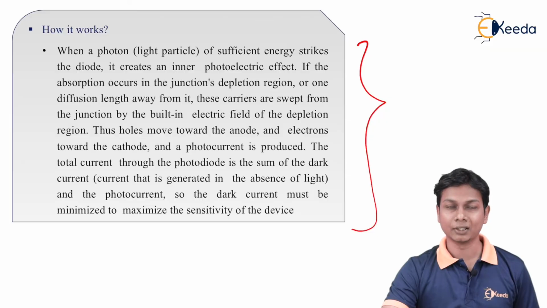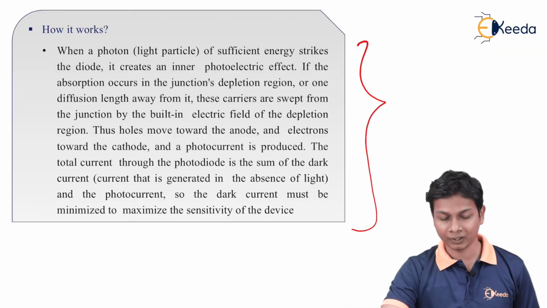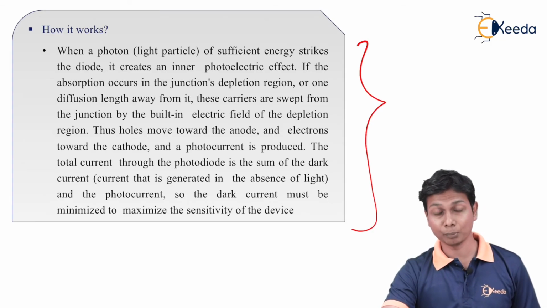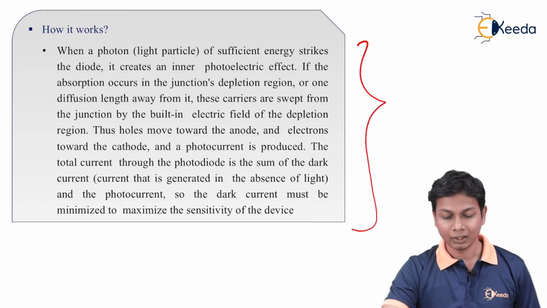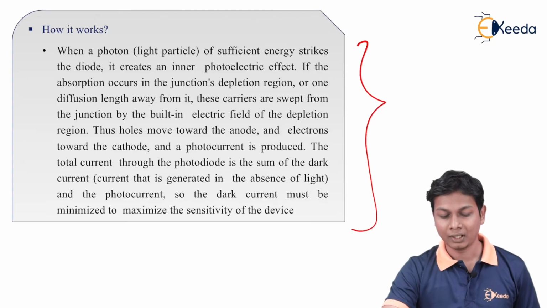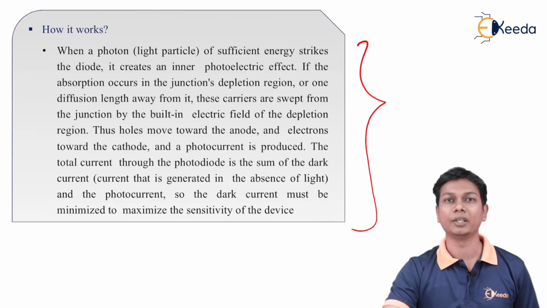So here there are two regions, one is the depletion region, another is the diffusion region. So when light is absorbed by one region and the carriers move to the other region, they experience the built-in electric field of the depletion region, and thus holes or electrons are moved from anode to cathode, and hence photocurrent is produced.